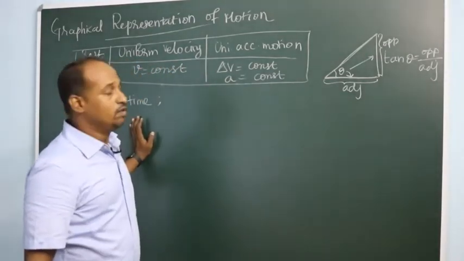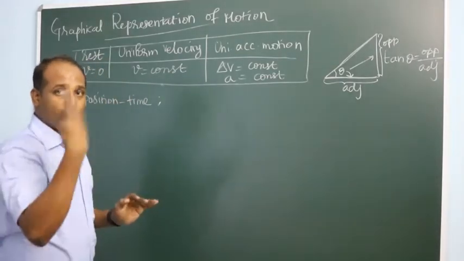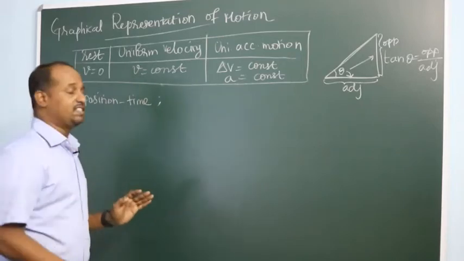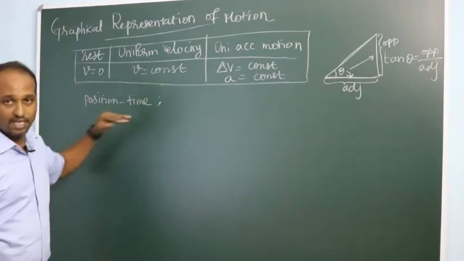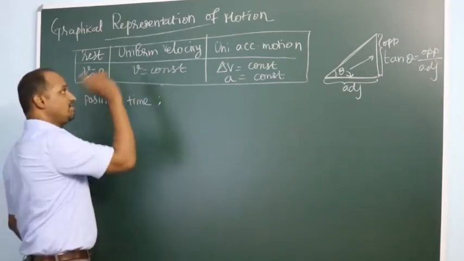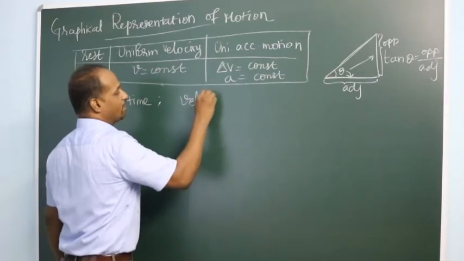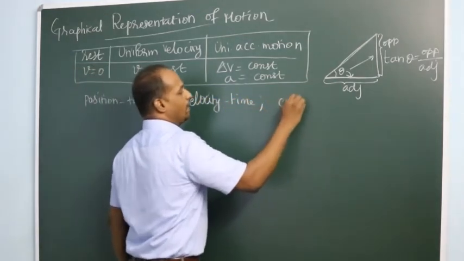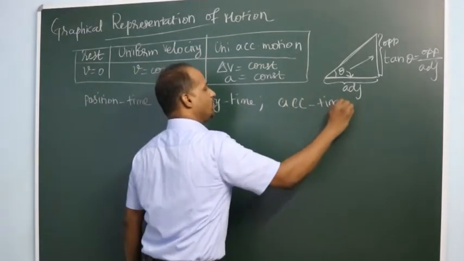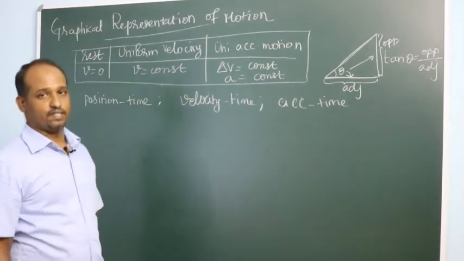Before getting into whether time is a vector or scalar, we will keep those discussions for later. When the position changes, velocity is taking place. So velocity time graph and acceleration time graph. These are the three types of graphs we will see.